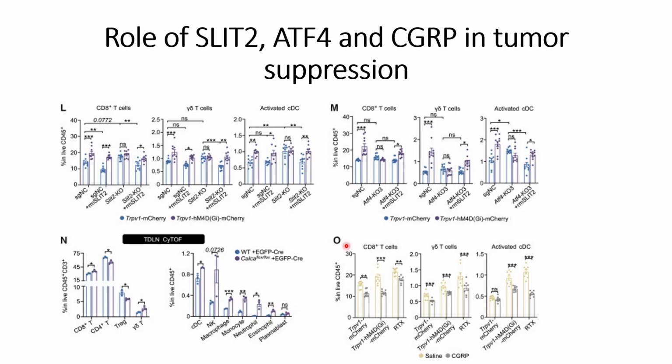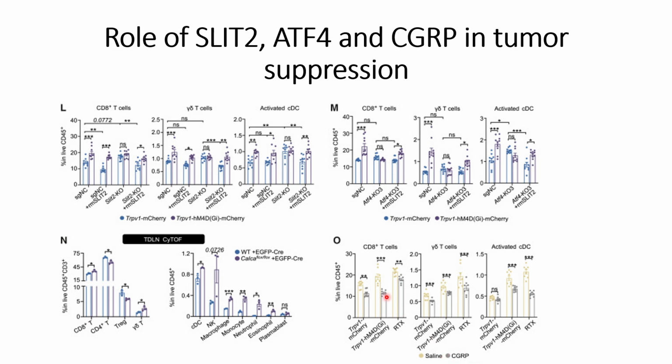Afterwards, they did it for the case where they inject CGRP in the chemogenetic inhibition method, using both methods, that is the HM4DGI and the RTX-based method. When there is no CGRP and only saline is injected, they are able to see more CD8 plus T cells, more gamma delta T cells and more activated conventional dendritic cells, compared to the case where they intratumorally inject CGRP.